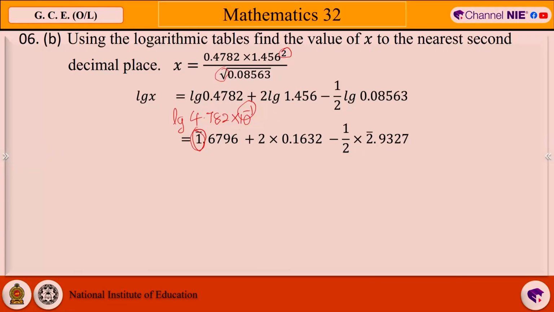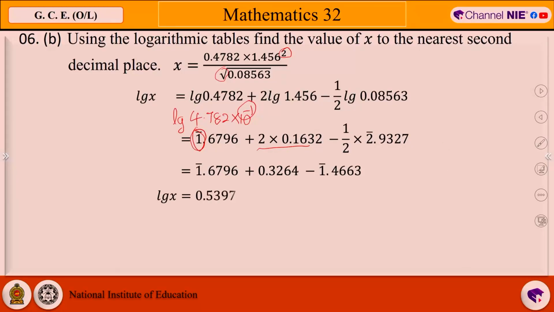You can simplify this further. Here you have to multiply by 2 and divide by 2. Accordingly, you will get the next step as bar 1.6796 plus 0.3264 minus bar 1.4663. Okay. Right. Now, we have to simplify this further.